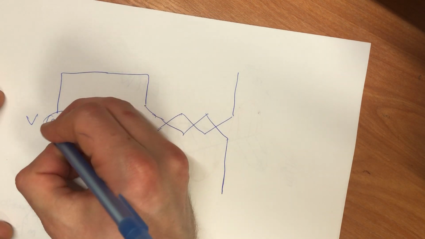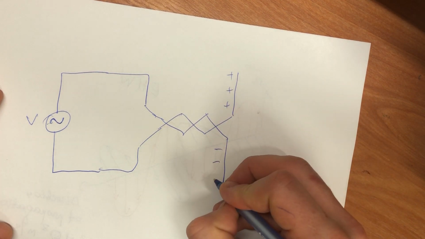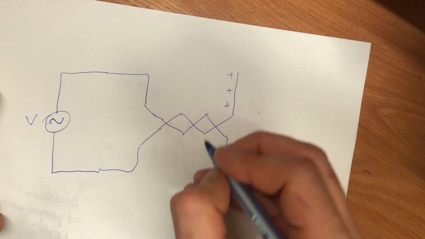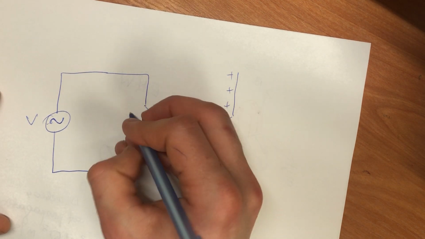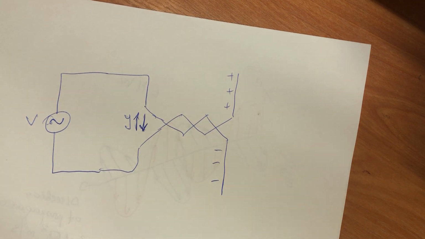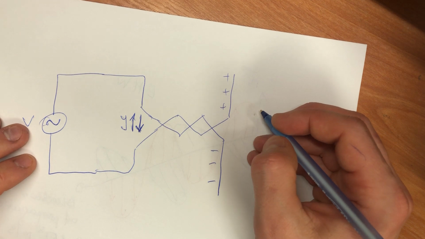Changing voltage produces plus charges here and minus charges here, and the current in the wire goes up and down, oscillating, so it is alternating current.